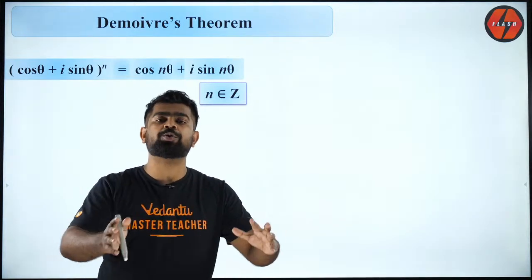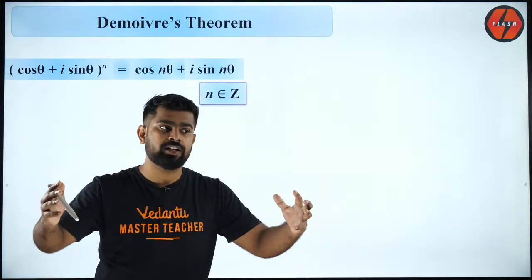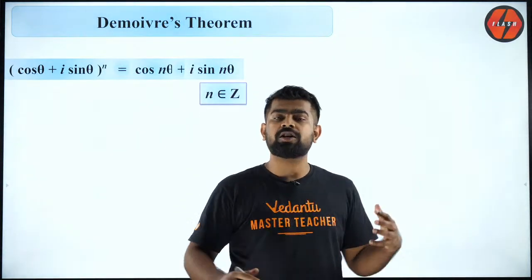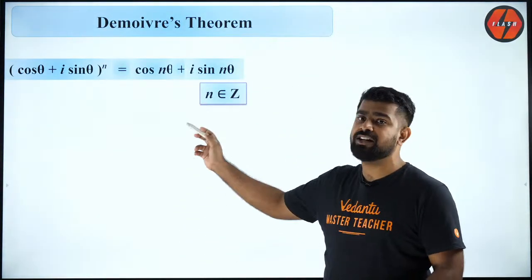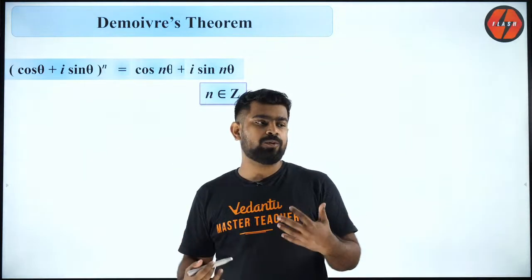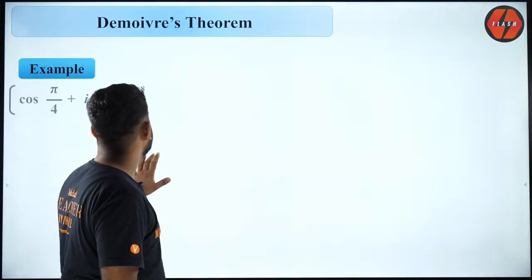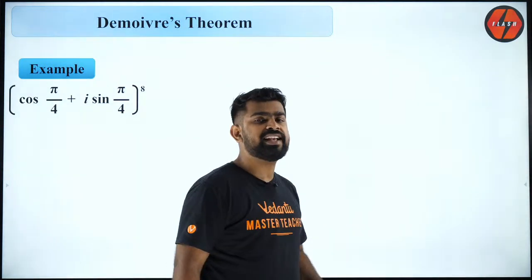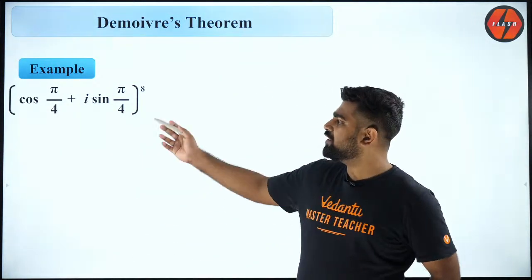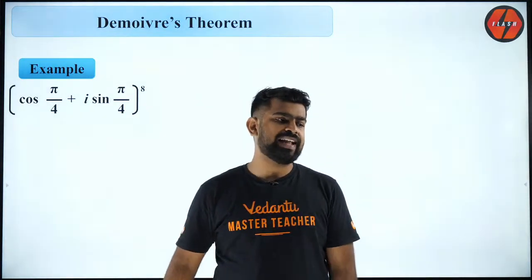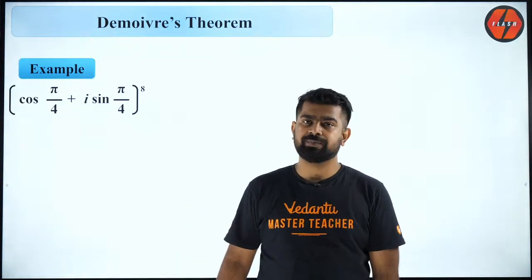Cos theta plus iota sin theta whole power n will be equal to cos of n theta plus iota sin of n theta. So that is how you do it. Now I'm going to show you one example. Please try to solve it. So this is the example. Do you think this is solvable normally? It will take a lot of time for us to do it, right?